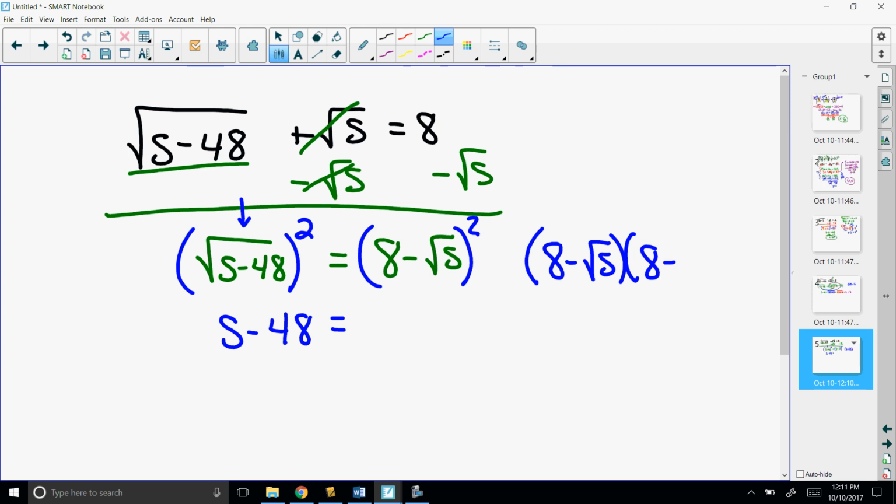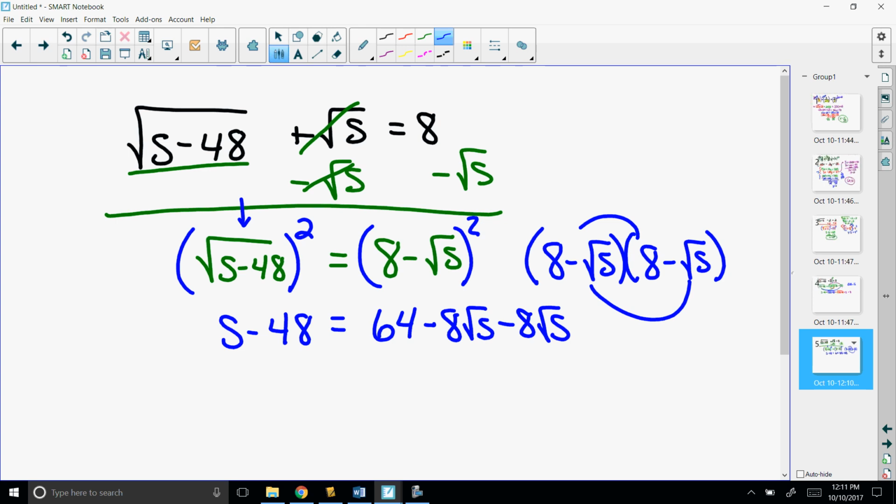So I have to multiply this binomial times itself. The first multiplied together is 64. The outer is negative 8 radical s. The inner is going to be negative 8 radical s. And the last is going to be positive s. So negative times a negative is a positive.